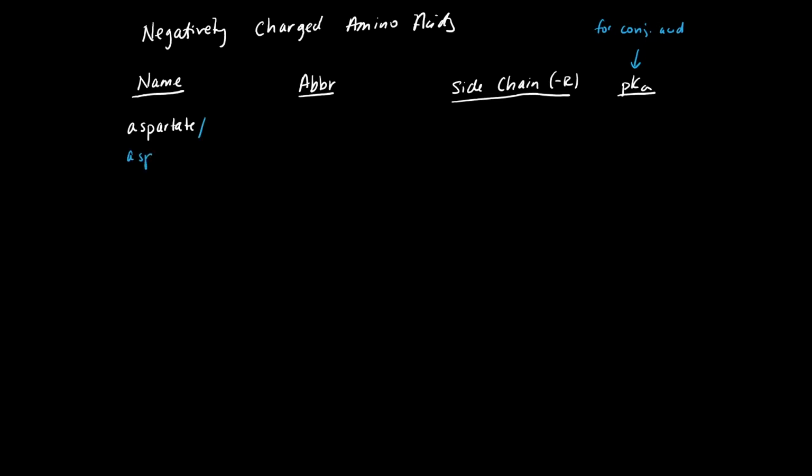Aspartic acid is how we refer to the acidic form. And aspartate has a carboxylate side chain, so that's a deprotonated carboxylic acid. And the pKa for that carboxylic acid is 4.1.